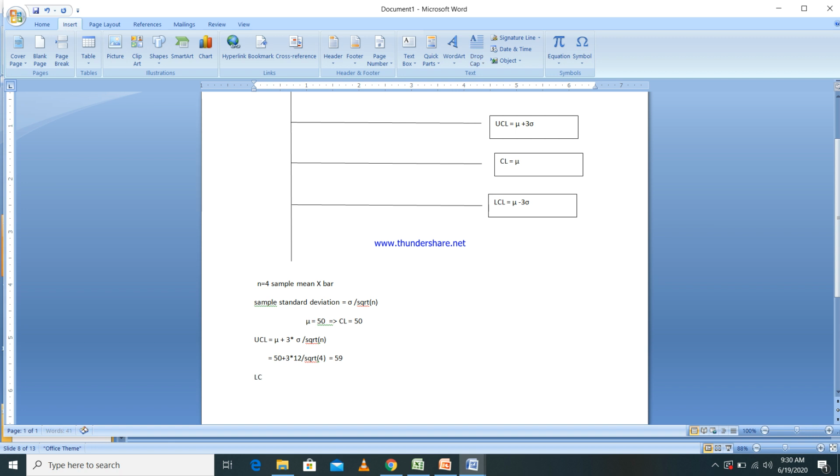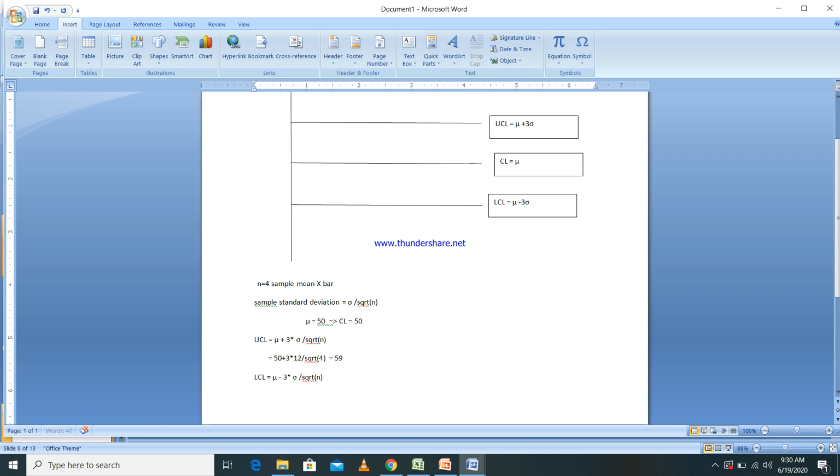Using the same equation, you can calculate the LCL value as well, but with a minus sign here. That is, LCL is equal to mu minus 3 times sigma over square root n.